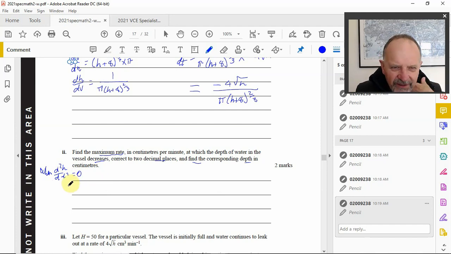And the second derivative, because this is in terms of h, we're going to again use the chain rule here and separate it and say, well, what we're actually wanting to do is take our dh dt and we need to differentiate that with respect to h.